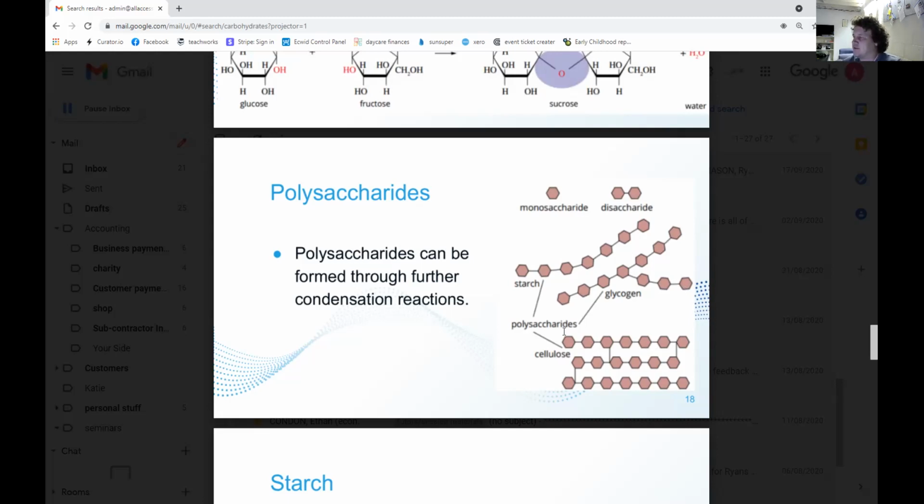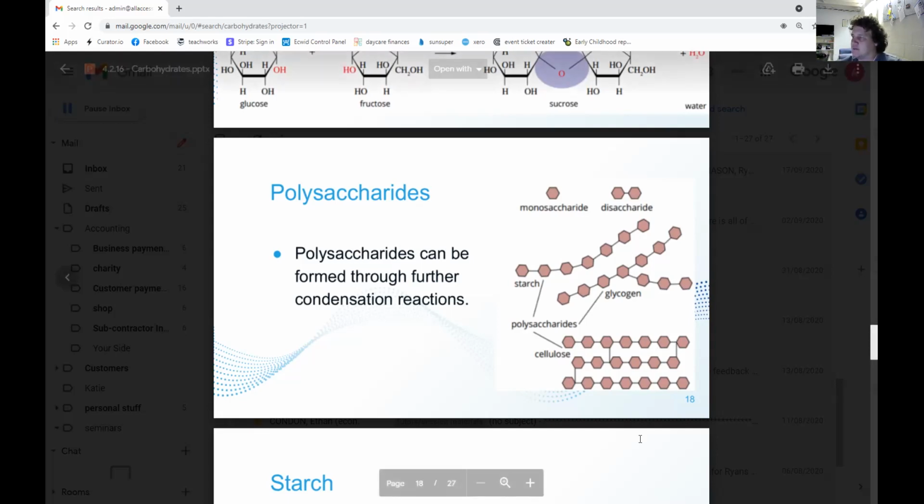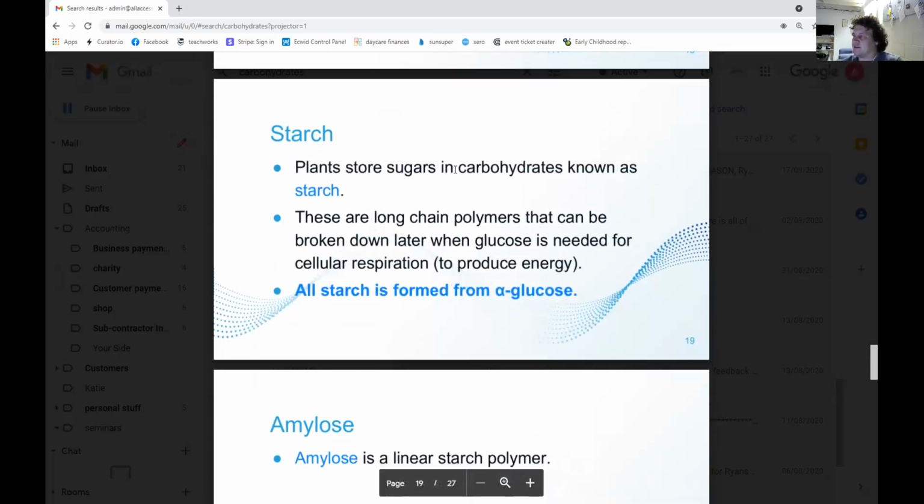Cellulose is what makes up plants. Cellulose is indigestible to humans. So plants store their sugars as alpha glucose in starch.